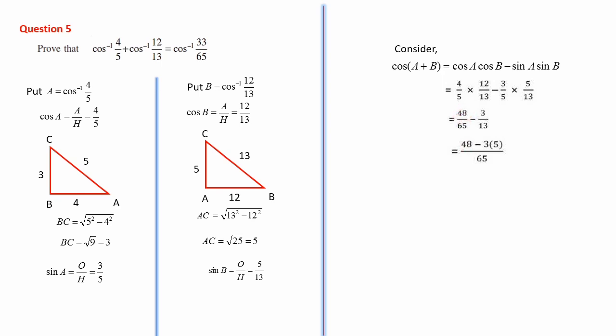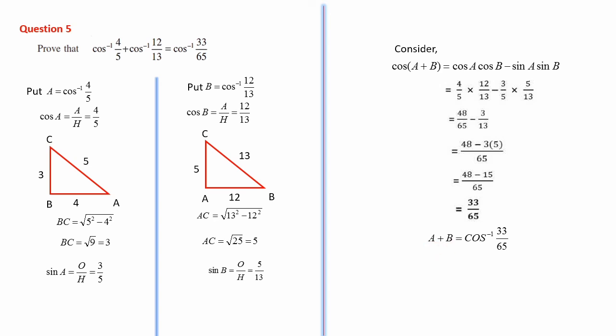Why nothing to multiply? Here 65 and here 65, when we divide, we get 1. That's why 48 into 1 is 48. And here 13 and 65, when we divide, we get 5. That 5 we have to multiply with the 3, that is 3 into 5. That is equal to 48 minus 15 divided by 65. 48 minus 15 is 33. 33 divided by 65. That is our cos of A plus B.